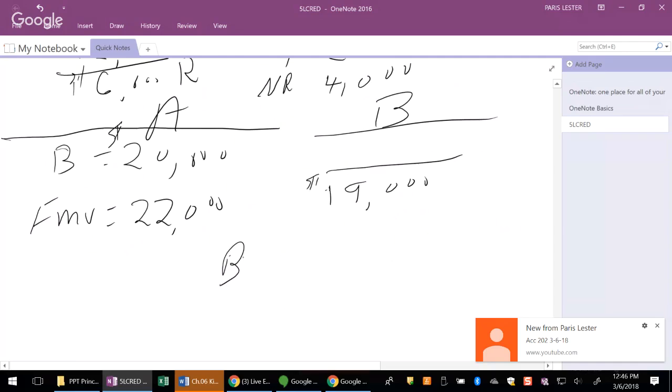And we receive boot equal to $4,000. Now calculate realized, recognized, taxable, and not recognized. Do that real quick in your head if you need to.